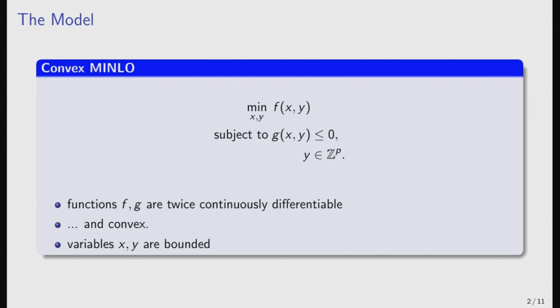We would like especially the y variables to be bounded because technically that can create some difficulties. This is not a very big assumption because in most practical problems the integer variables are bounded. 99% of the time when we look at any integer problem, it has binary variables.